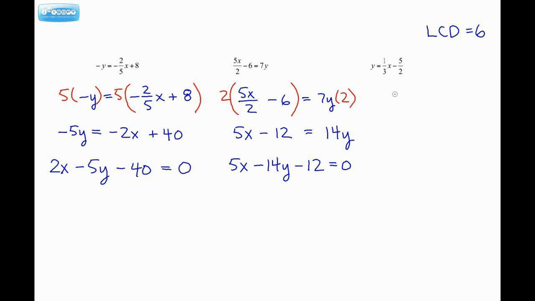So we have y equals 1/3 x minus 5/2. Now we're going to multiply everything here by 6.